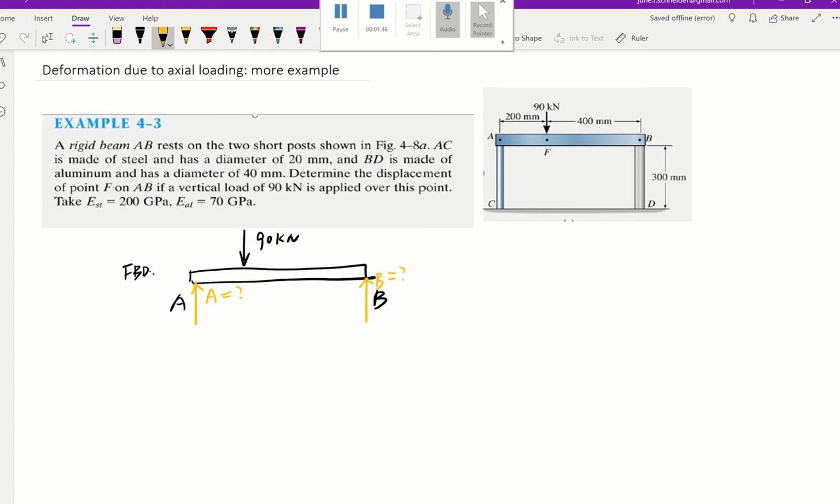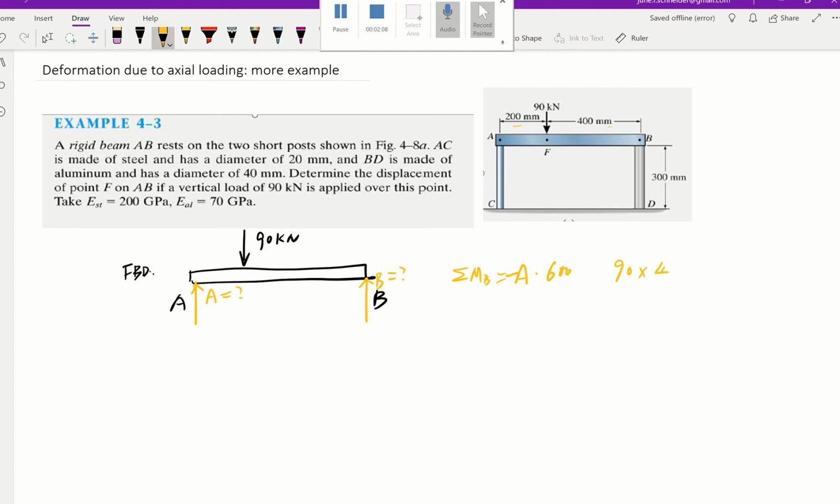If I want to find the support reaction at A, I'm going to sum the moments at B. So I have A, this unknown, times the entire beam as the moment arm. That's going to be 200 plus 400, which is 600. It's a clockwise rotation, so it's negative. Then I have this 90 kilonewton.